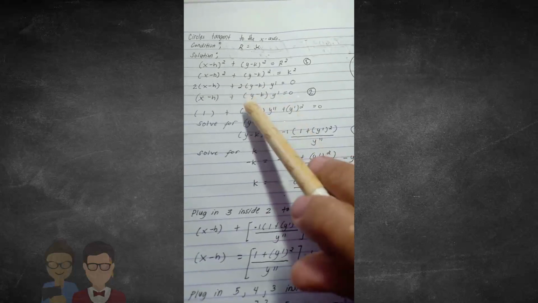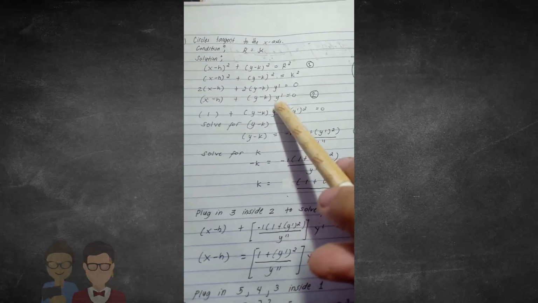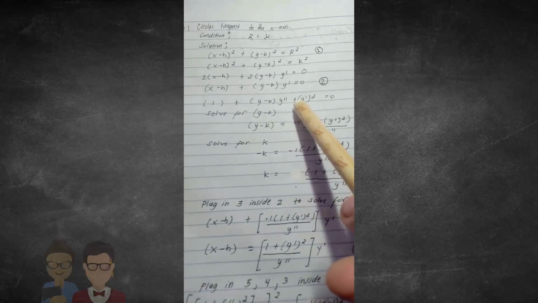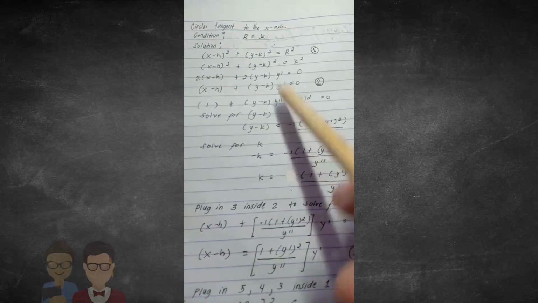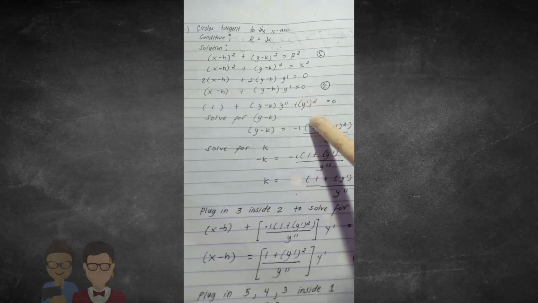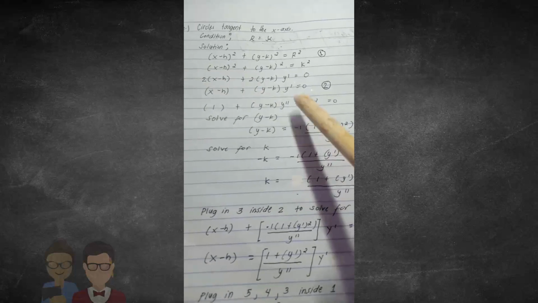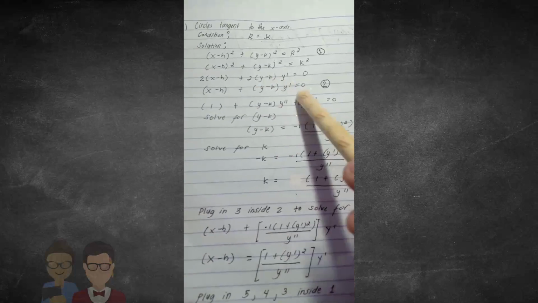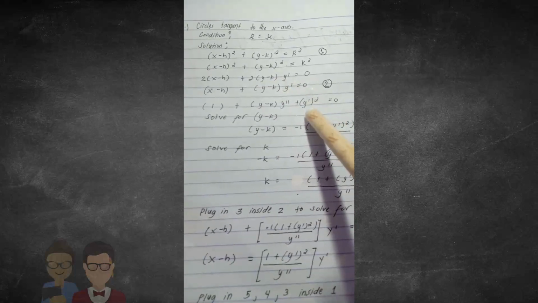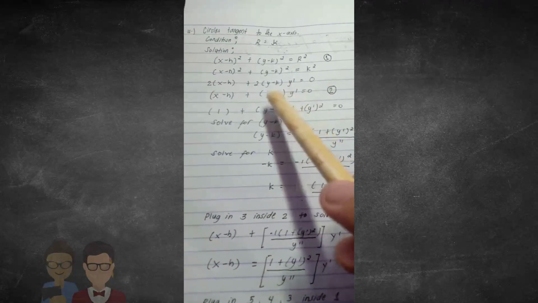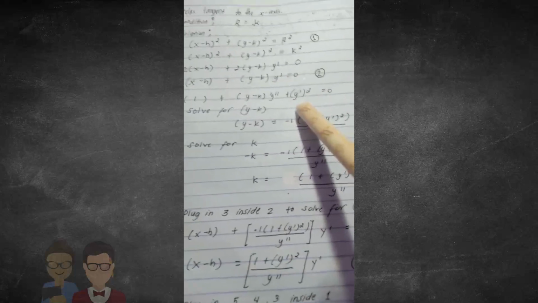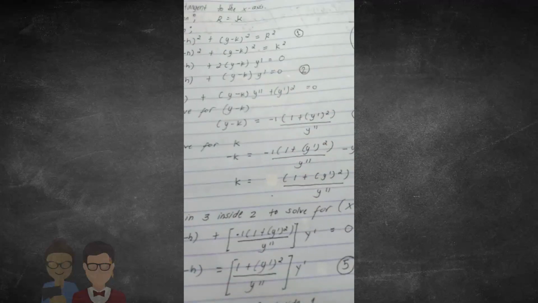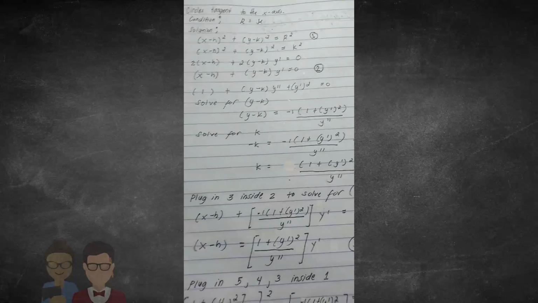So u dv, copy u times the derivative of v, y double prime, plus v du, copy y prime times the derivative of y minus k, which is y prime. So y prime times y prime is y prime squared. Okay, so equals to 0.